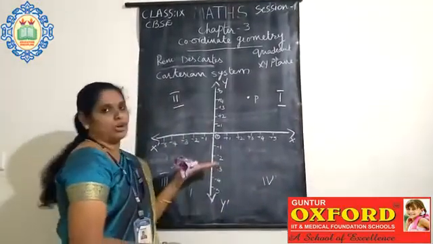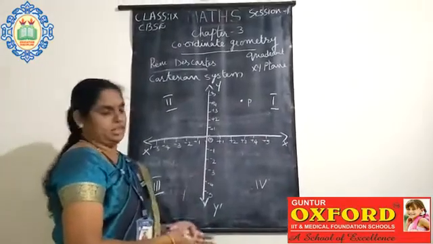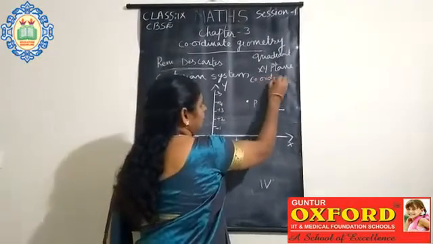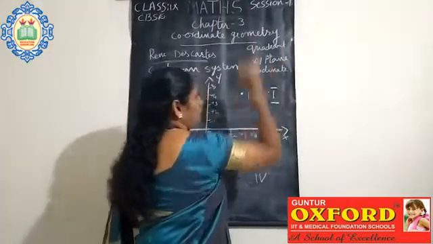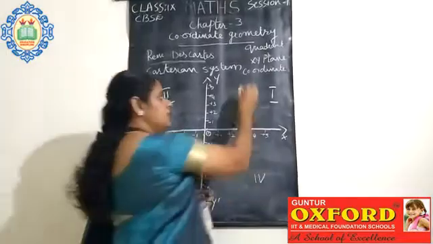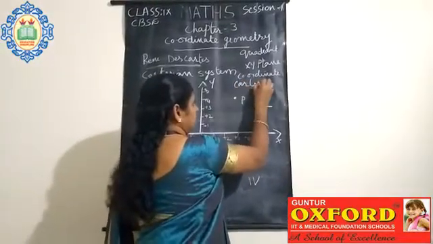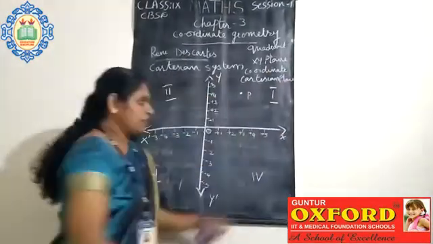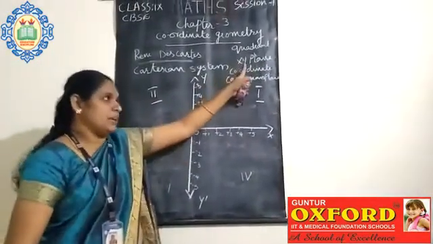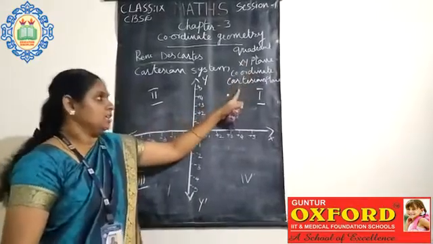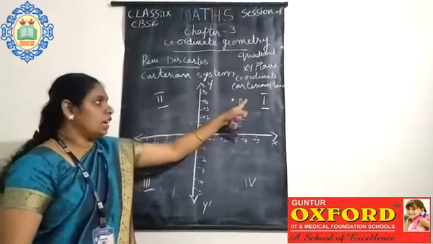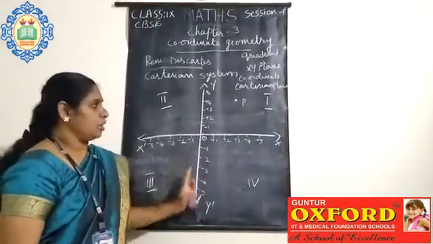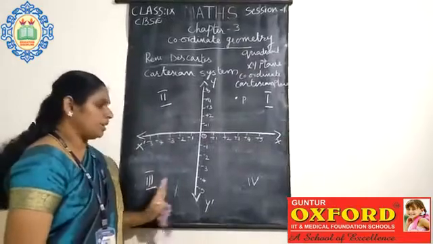This xy plane is also known as the coordinate plane, otherwise the Cartesian plane. The Cartesian plane or coordinate plane is divided into 4 equal quadrants: first, second, third, fourth.